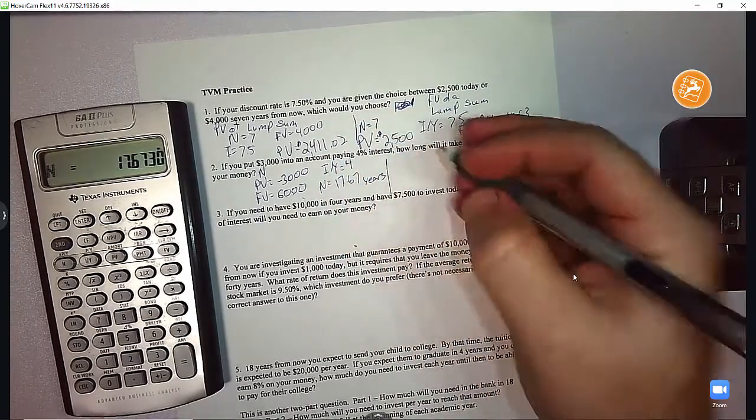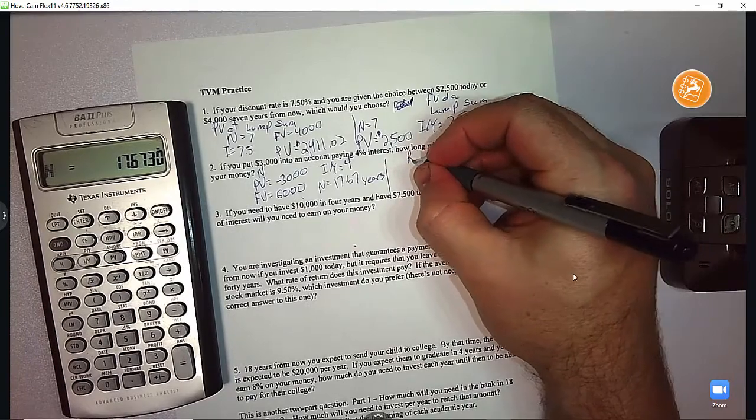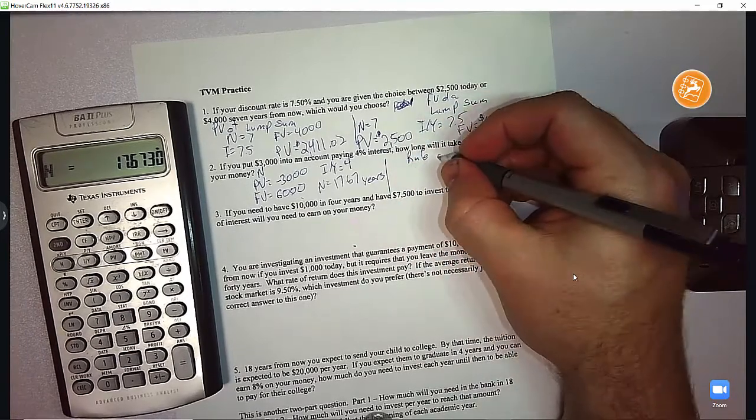Right. So I want to introduce you to, if you've not seen it before, the rule of 72.